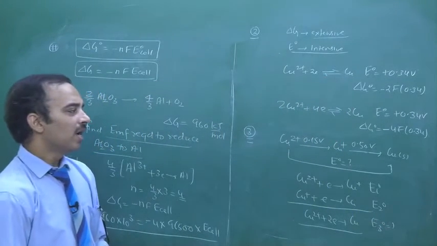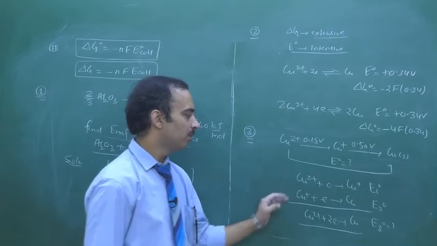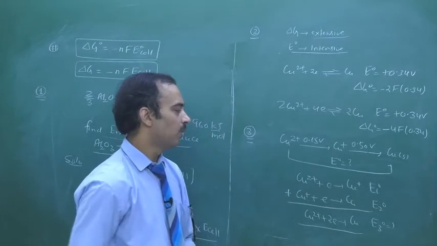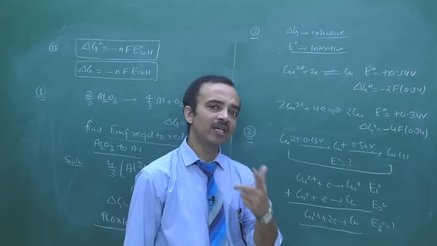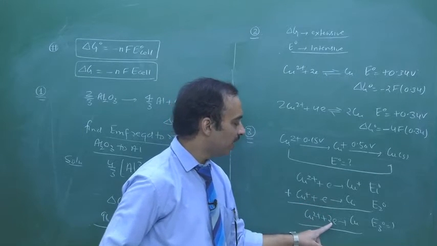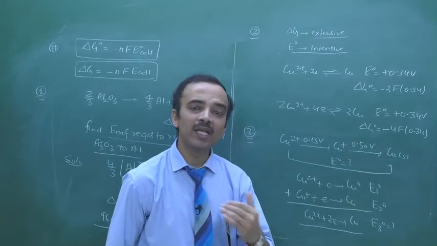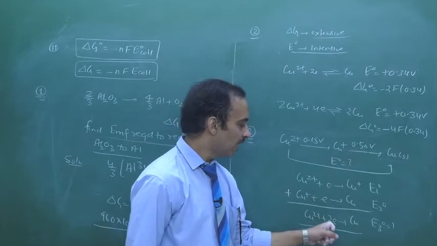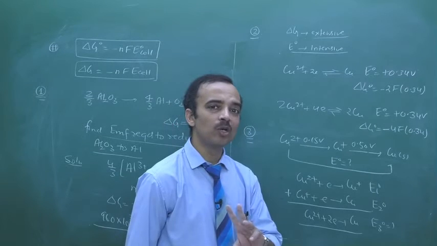Beta, how can we reach this reaction from these two? Definitely we have to add them. We have to add them to reach this reaction. Now you should note one point. Whenever two half reactions, half reaction meaning either reduction or oxidation, are added to give a third half reaction, in that case E naughts cannot be added.